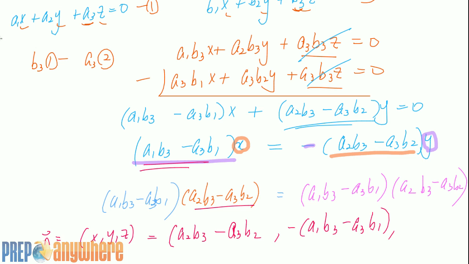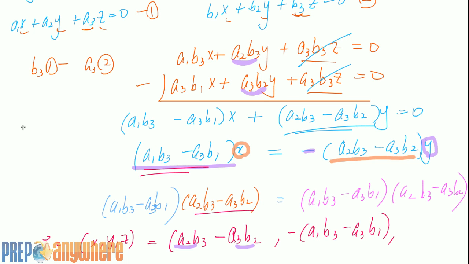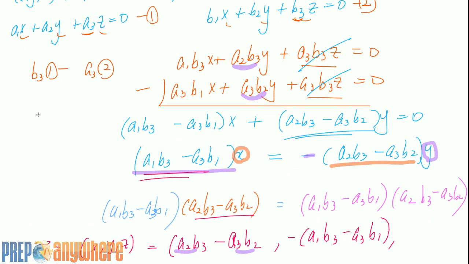Okay, so let's actually take a look at the pattern here. Do you see what I have here is a2 b3 subtract by a3 b2. So remember the first vector A was the following: a1, a2, a3, right?